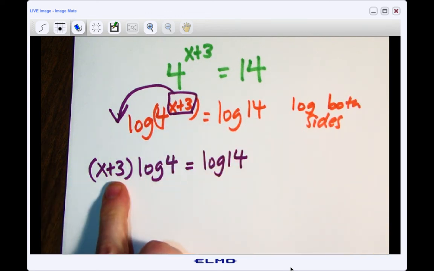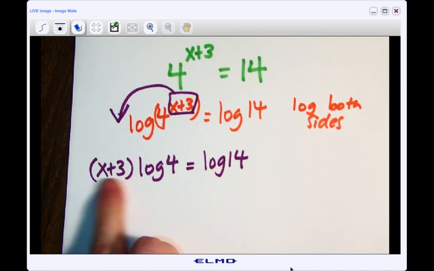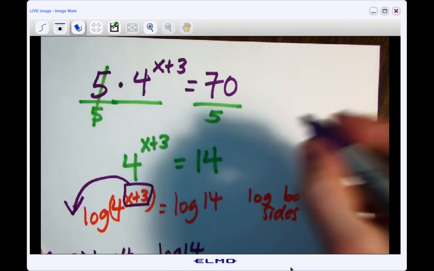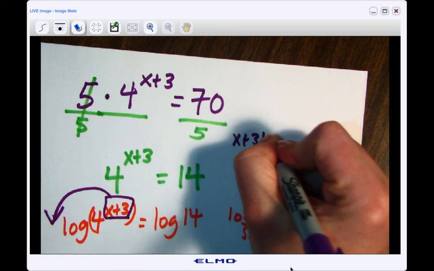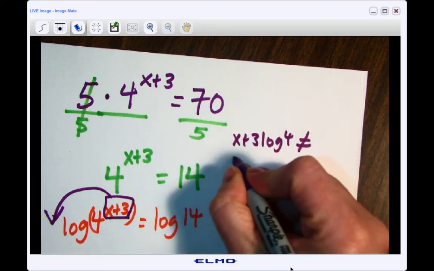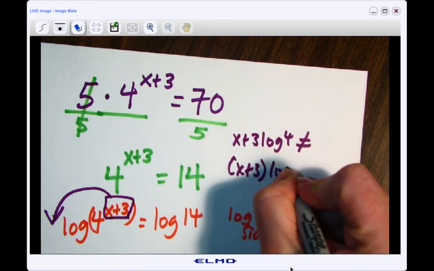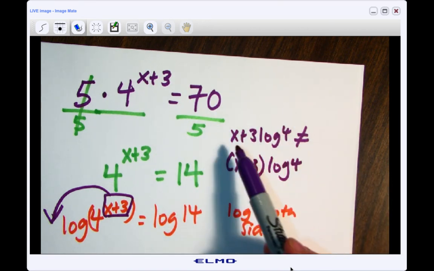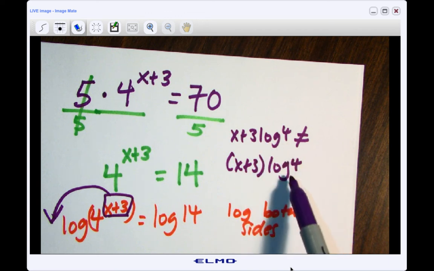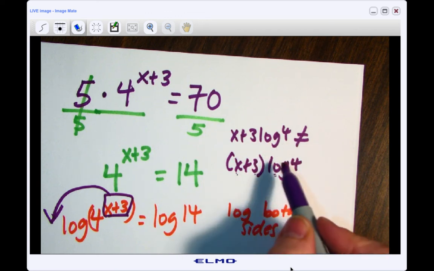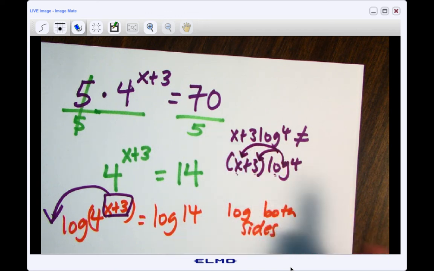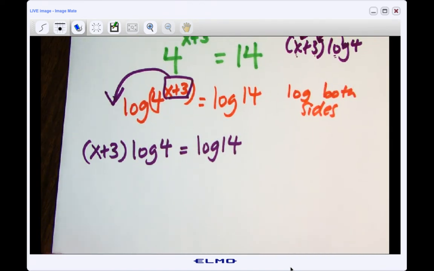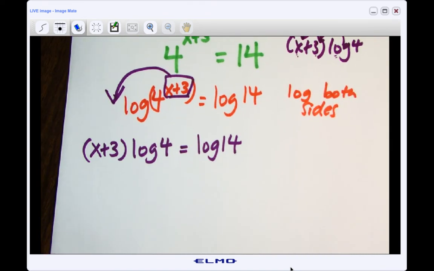Make sure you have parentheses around this if it's more than one term, because x plus 3 log 4 without parentheses does not equal (x plus 3) log 4, right? There's a big difference between these two things, because one says x plus 3 times this, and the other says log 4 times both of these. So this would mean distribution, right? But this one does not. So make sure that you're using your parentheses or you're getting the wrong answer, okay?